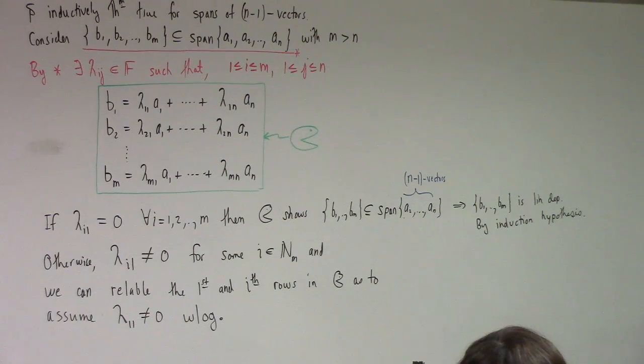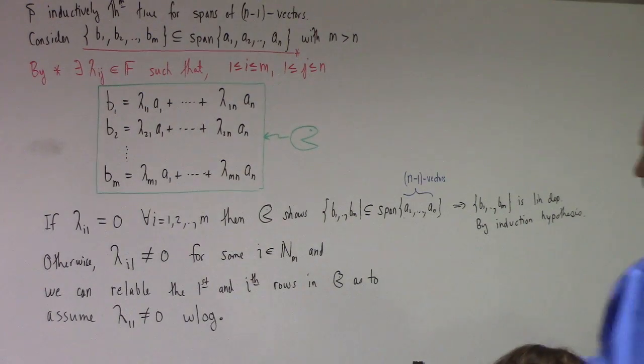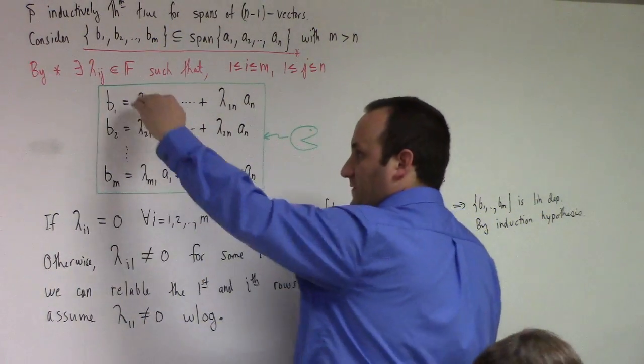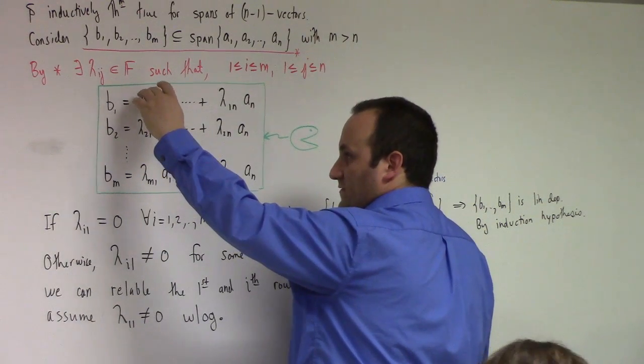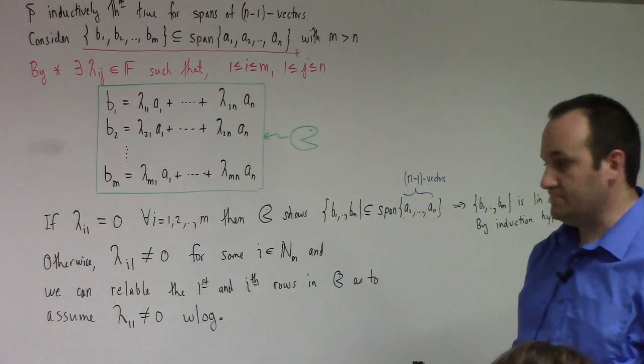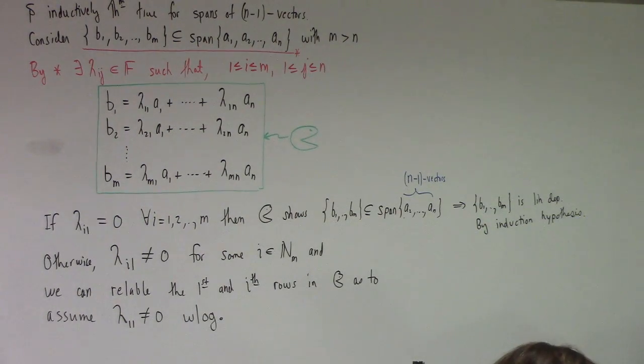So if, for example, lambda i1 was equal to 0 for every i, all the way down, what would that mean? Think about that.